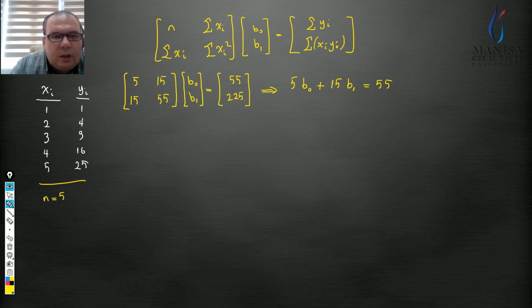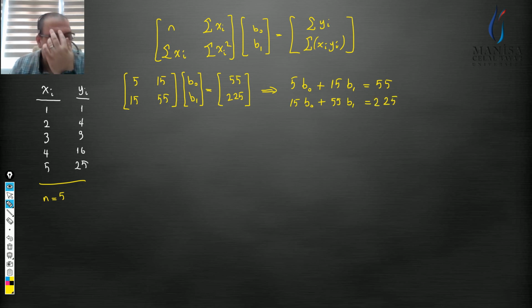And then we take the multiplication of this 15 with this B0 and this 55 with this B1, which equals 225.